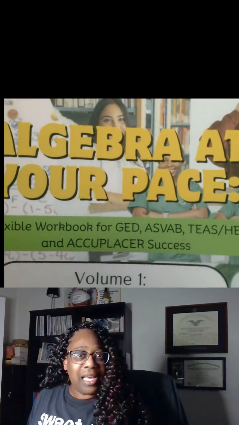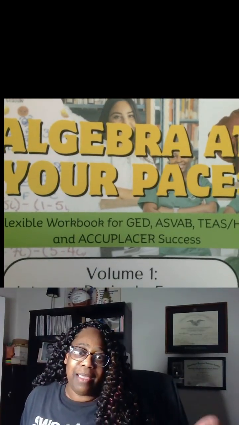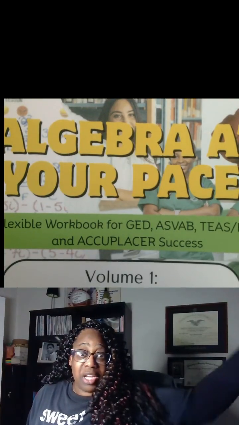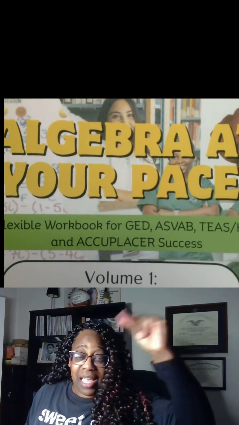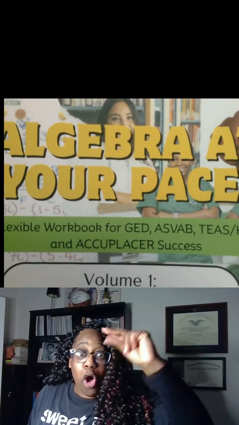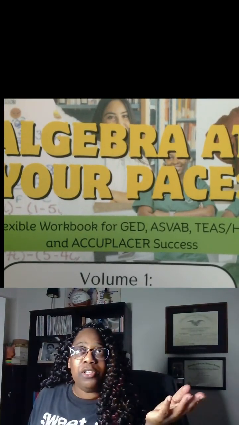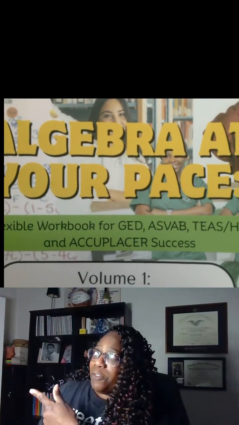Hence the name, Algebra at Your Pace, because everyone is not at the same pace. When you're taking these classes at the community college, you basically have 12 weeks to shove all this information in your brain, and you're trying to figure out, how am I going to do this? I got kids, I got a full-time job.